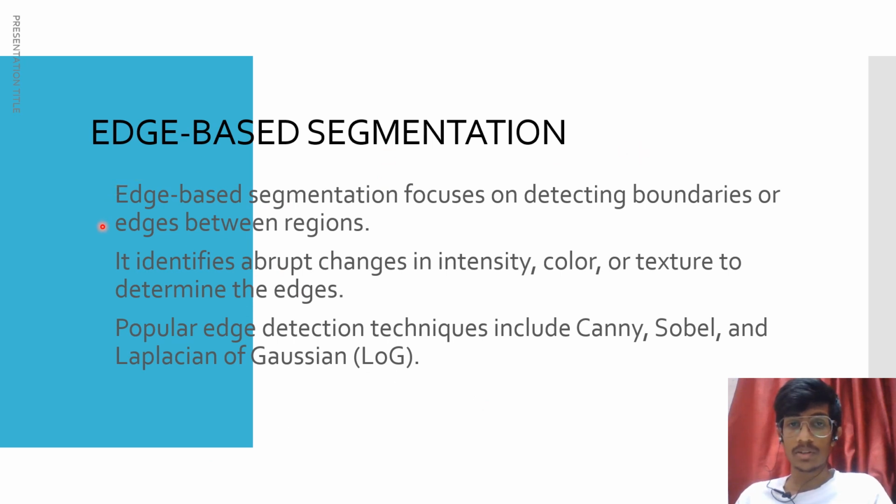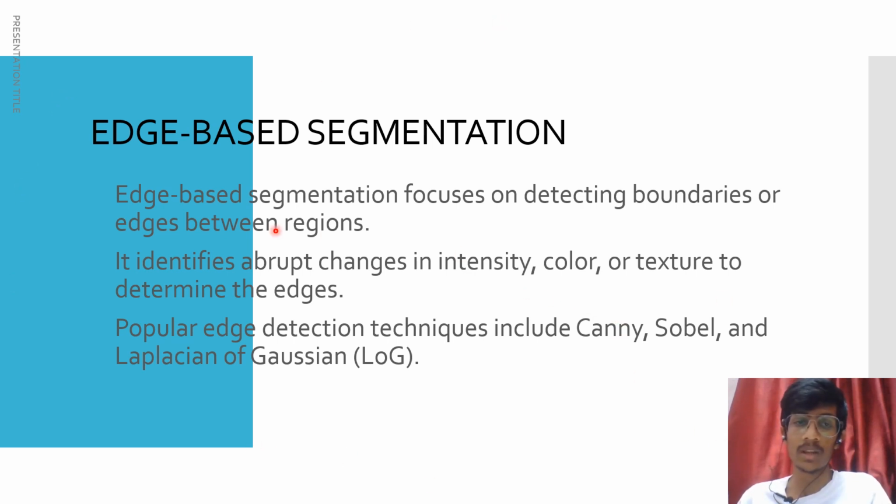Edge-based segmentation focuses on detecting boundaries or edges between regions. As I said previously, it segments an image by detecting the edges and boundaries. Suppose you consider this whole thing as an image, and you consider just this part. It finds these boundaries, or detects an edge, and separates this part of the image from the rest of the things.